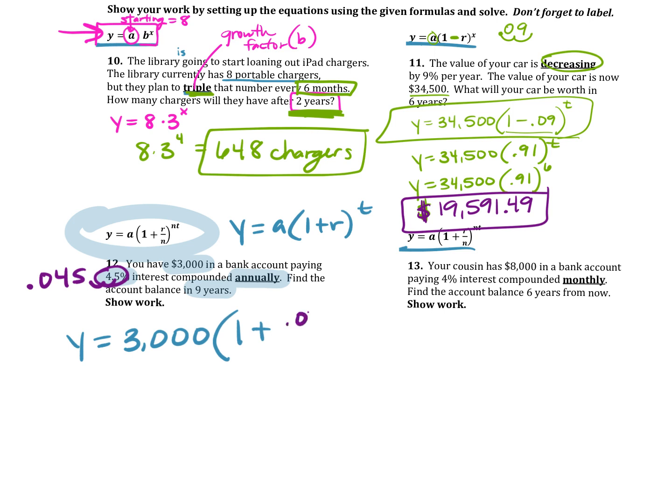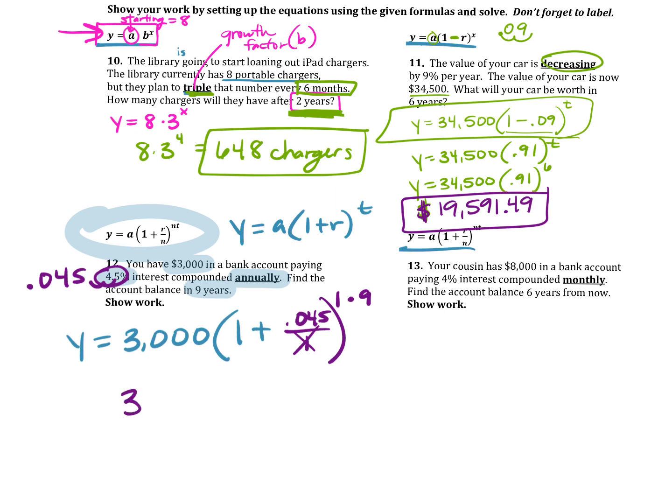So 0.045 divided by the number of times it's compounded. Annually is just once. To the 1 times what? What's your t? This should be a 9. Okay. So plug that into your calculator. Again, I would just not even plug in the 1.